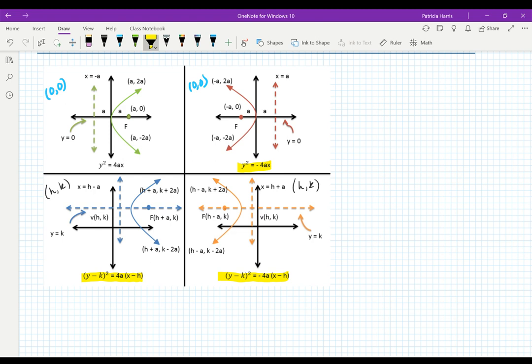And what I want you to look at specifically is where the square is. So you'll notice that the square is on the y.